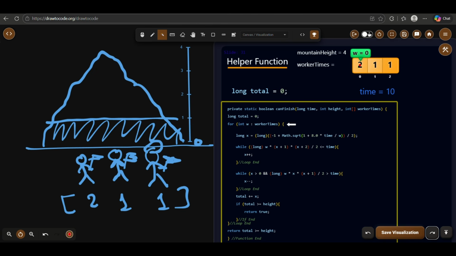We will move through each worker and check how much he can chop of this mountain in the given time. So it comes as 2 units. He can chop 2 units in the given time, which is 10. This formula is already given.